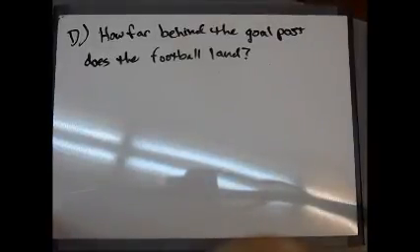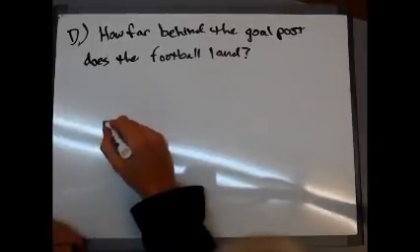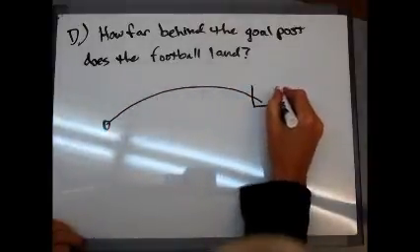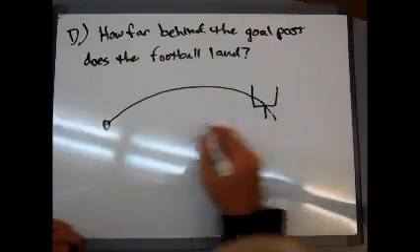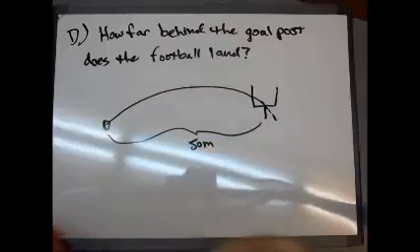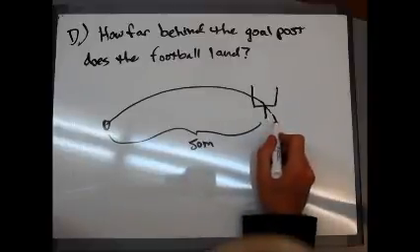The last part of the problem is, how far behind the goalpost does the football land? Here's our football. It's fired at the goalpost, and then it lands somewhere beyond the goalpost. We know this distance is 50 meters, and we know it passed below the crossbar because the height was 2.8 meters and the crossbar was 3.05 meters. But we want to know this distance.